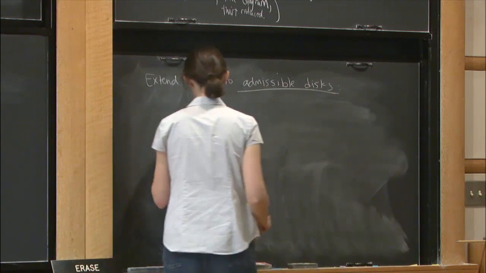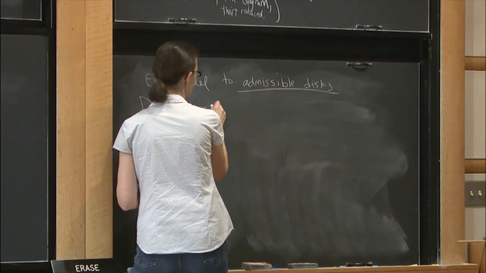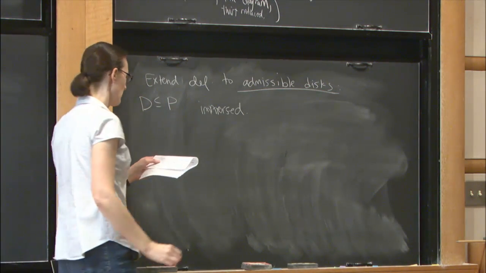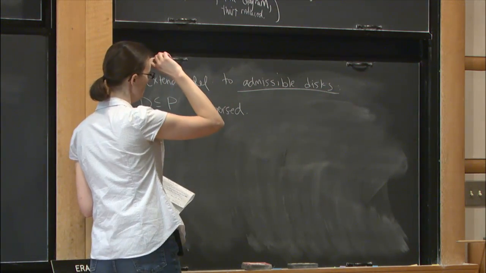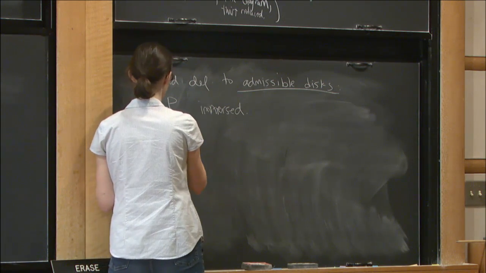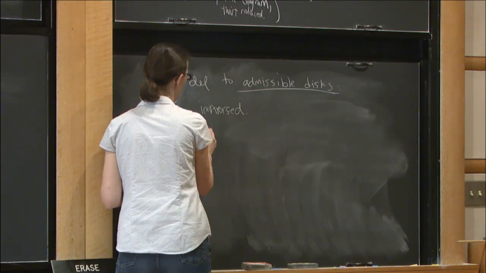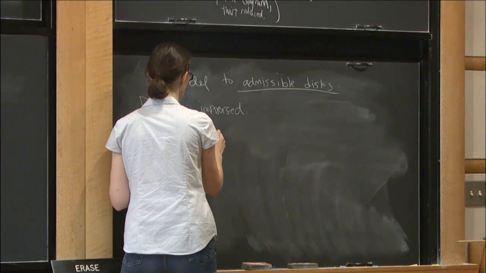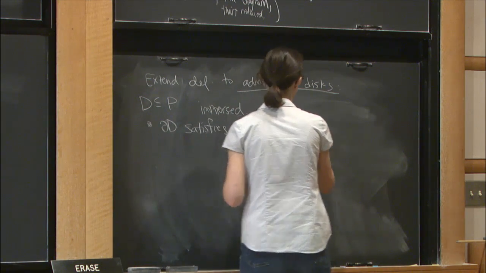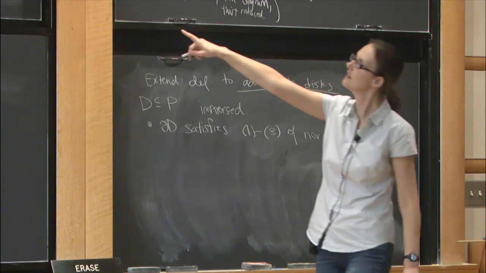Admissible disks are similar to normal, only you allow them to be immersed. So you no longer require that they're embedded anymore. And then the boundary is a curve that satisfies, so my definition of normal is probably gone at this point. Oh no, here it is.